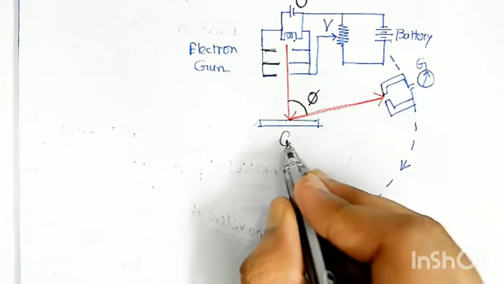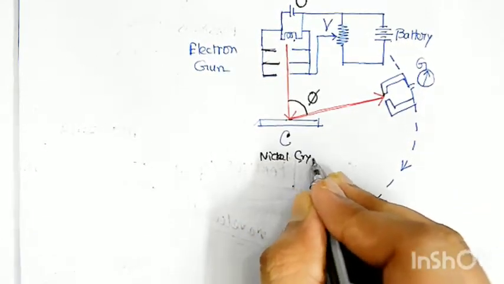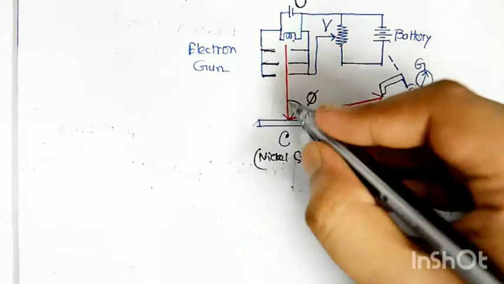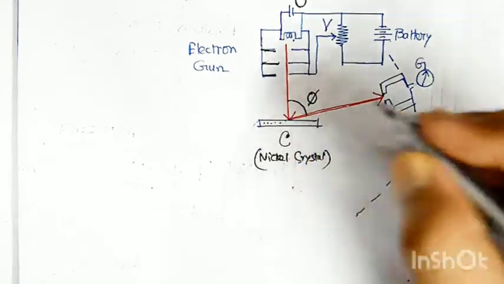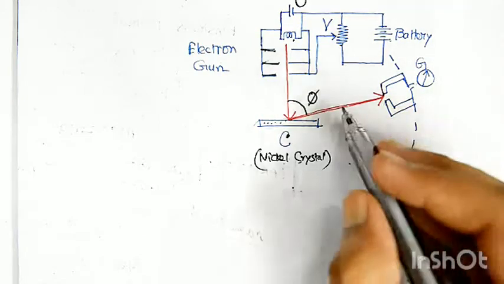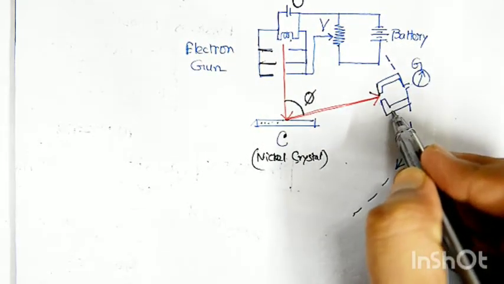Here C is the nickel crystal. On the nickel crystal surface, the electron beams hit, and from the atoms present in the lattice structure of the nickel crystal, the electrons diffract, and this is called Faraday's cylinder.